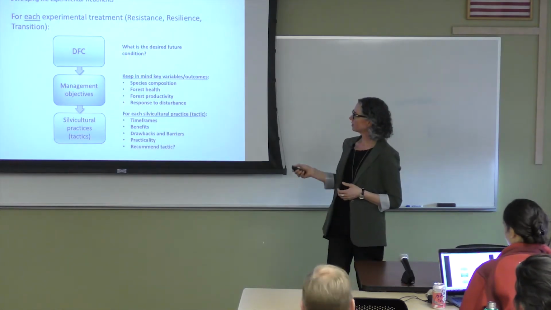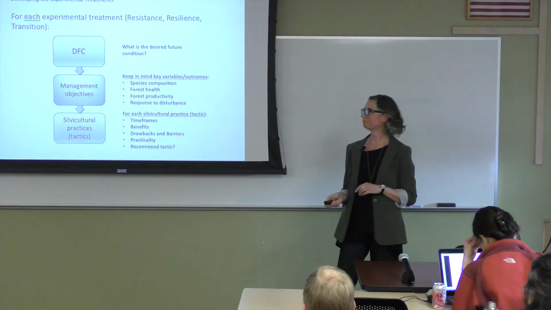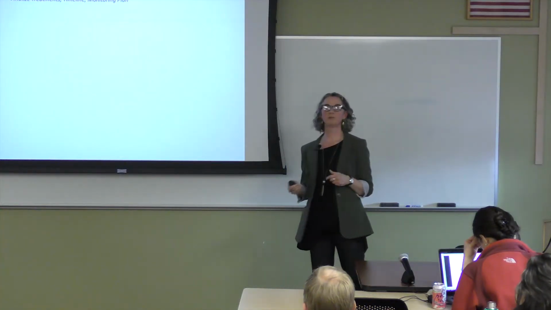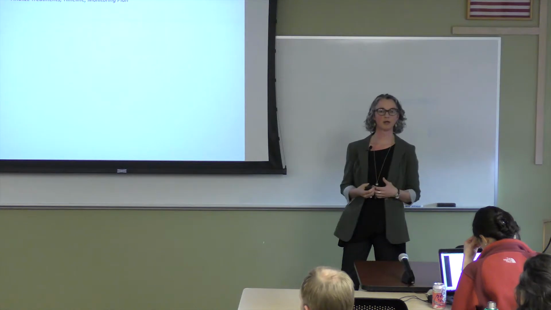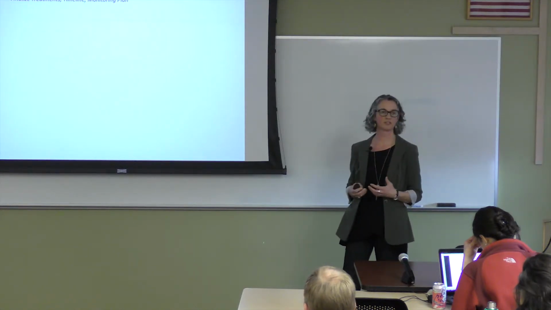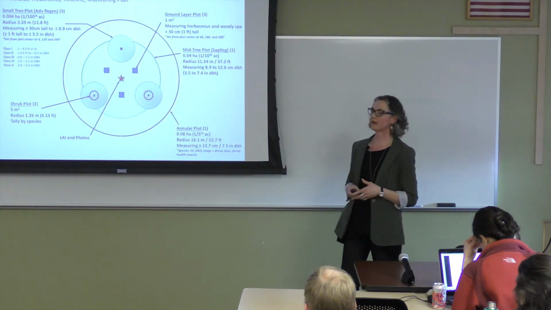And this part of the process is a little bit backwards to how silviculturists often think, where they might start with management objectives given who the landowner is. But because we had this project that we were overlaying, we started with the DFC and then worked our way down. Okay, and then day 3, we finalized the treatments, we developed a monitoring plan, we walked away with a task list of who was going to do what and what needed to happen after that.